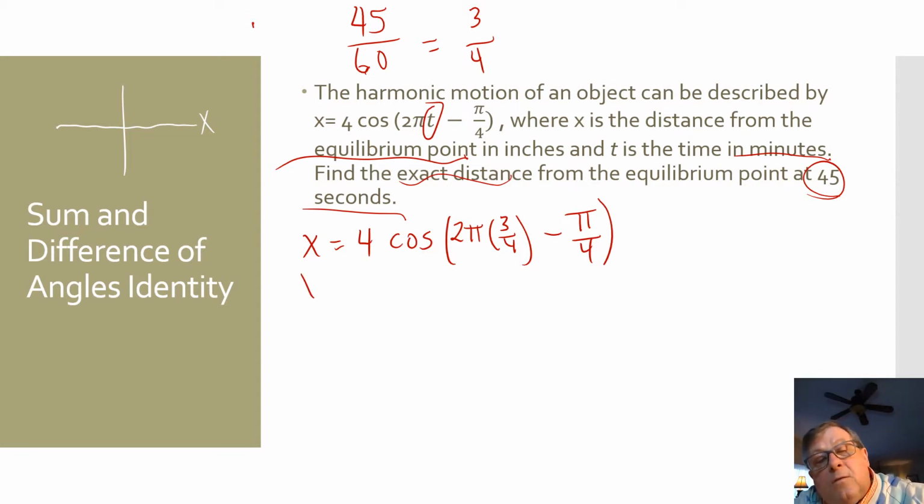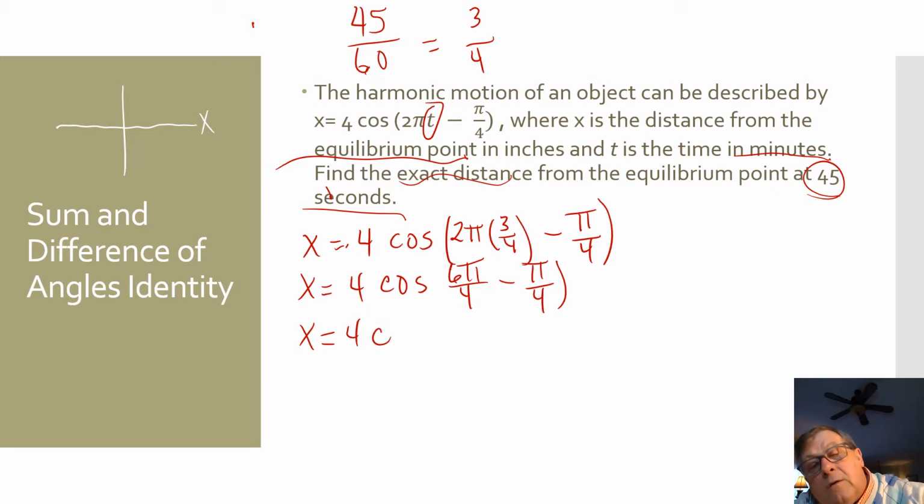So x is equal to 4 times the cosine of 2 pi times 3 over 4, that's 6 pi over 4, minus pi over 4. And that equals 4 times the cosine of 5 pi over 4.